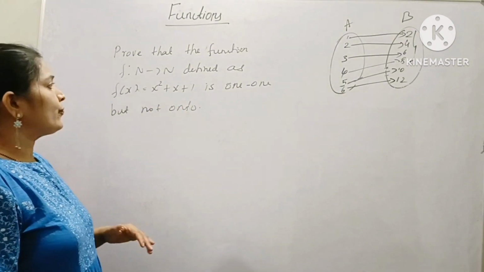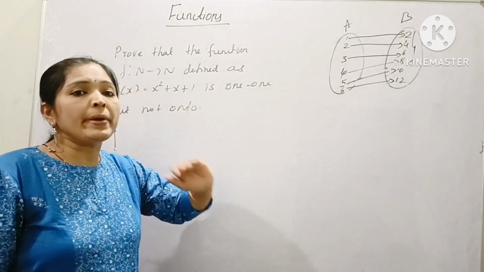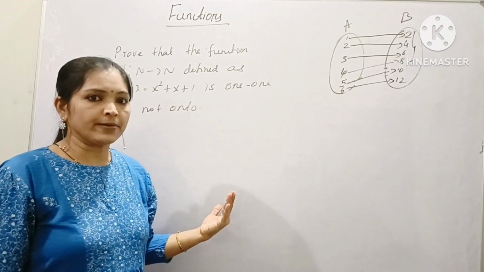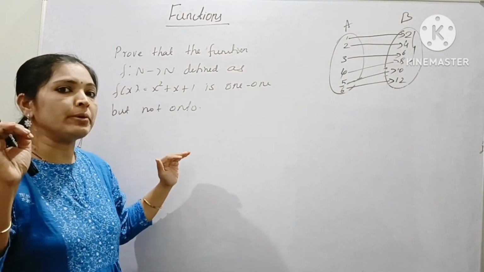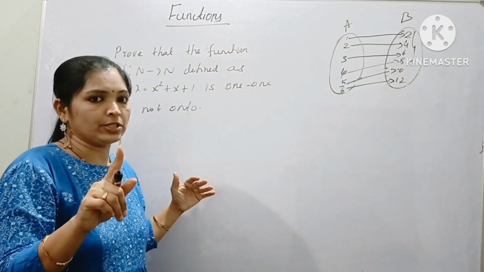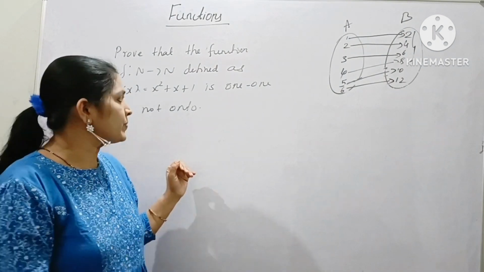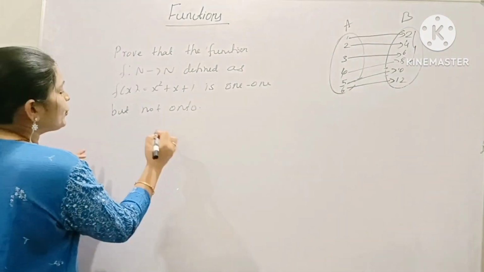So for one-one, what is a one-one function? That is, every image has only one pre-image. That is called a one-one function. So how to define it?